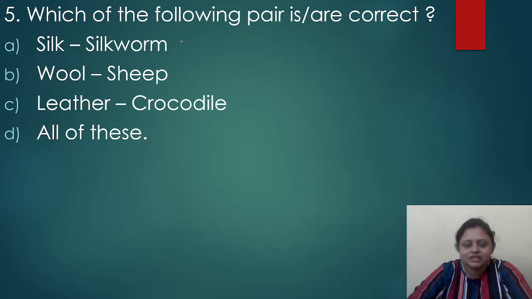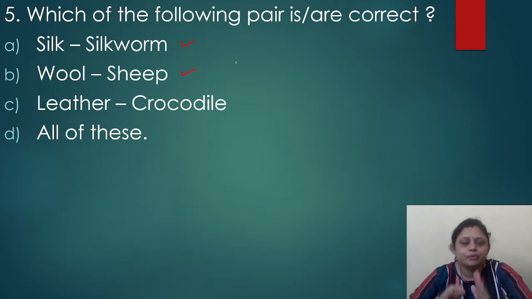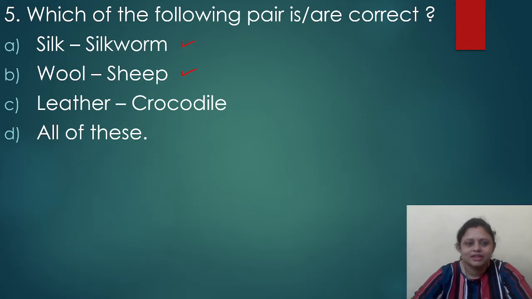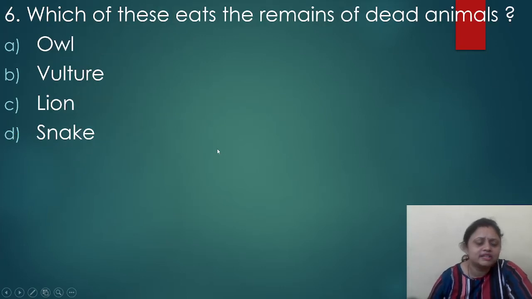Yes, we know it. So, this one is correct. Wool is also obtained from the sheep, right? So, this one is also correct. Leather is obtained from crocodile. We just read it, right? So, this one is also correct. So, which will be the correct answer? That is option D, all of these. All the given options are correct. Okay? Yes. Now, what is the next question?